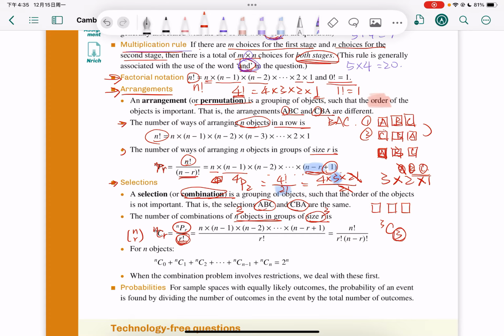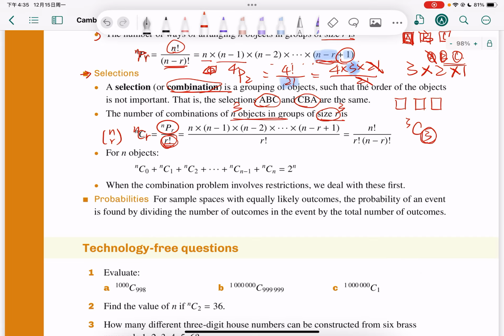Let's change to another example. If we have 4 people and only 3 seats, with A, B, C, D, that means n is equal to 4 and R is equal to 3. We do not care about order, and that's why we divide by R factorial.